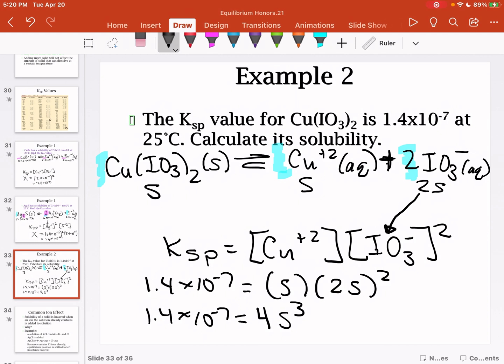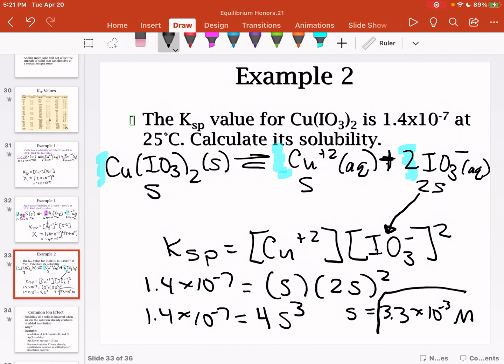If I go ahead and solve that for S, the reason why I call it S and not X is just to remind you, that's your solubility. When you solve for S, you're done. So I push my buttons there, and I take the cube root of 1.4 times 10 to the negative 7th divided by 4. I get my solubility directly at about 3.3 times 10 to the negative 3rd, and this is now molarity because it's solubility.